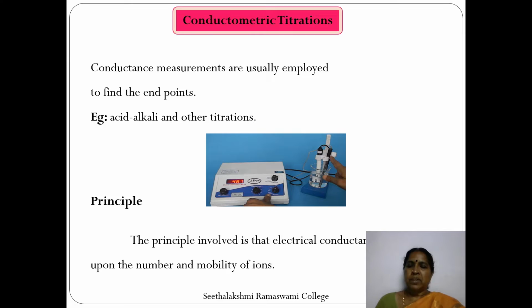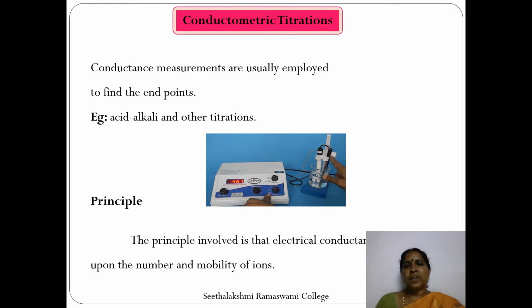After the experiment is over, conductance is plotted against volume of alkali added and the endpoint is noted from the point of intersection of two straight lines. Using the basic formula V1N1 = V2N2, the strength of the unknown solution can be calculated.